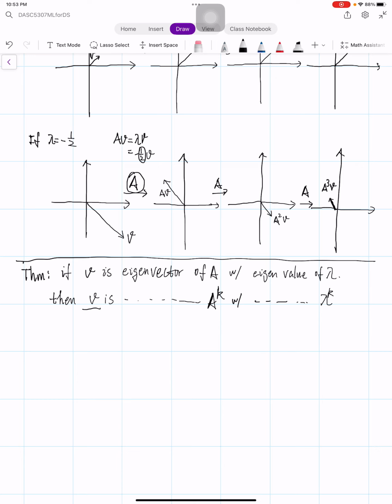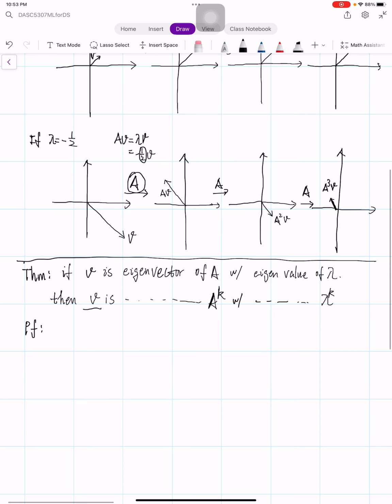The proof is very simple. Actually, in this example, we already gave you the sketch of the proof. So, for example, without loss of generality, we can just prove it for A square. Is nu the eigenvector of A square? This equals A multiplied by A times nu.